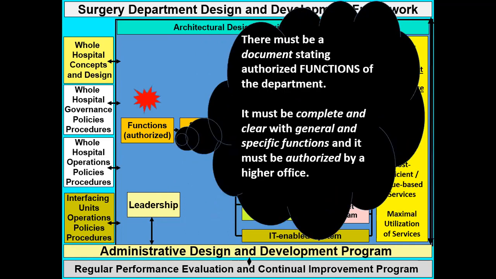As to the functions, there must be a document stating the authorized functions of the department. It must be complete and clear with general and specific functions, and it must be authorized by a higher office.